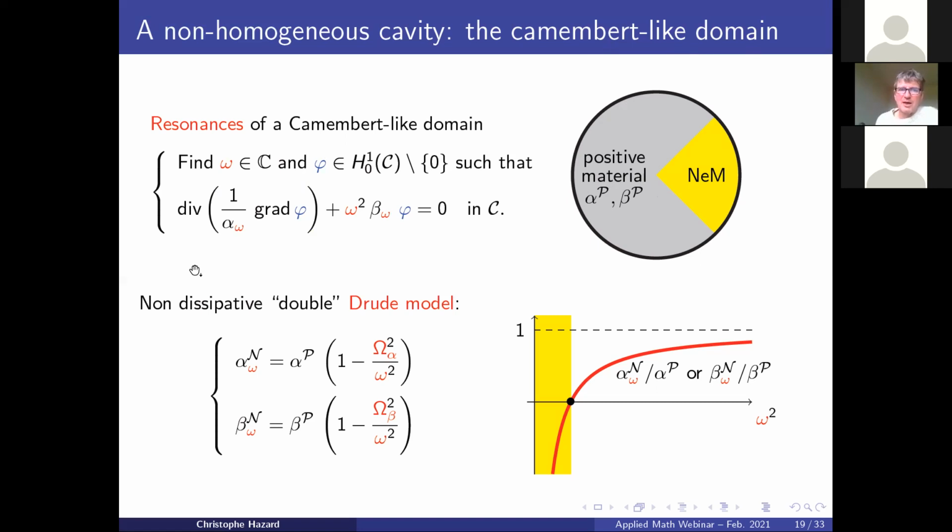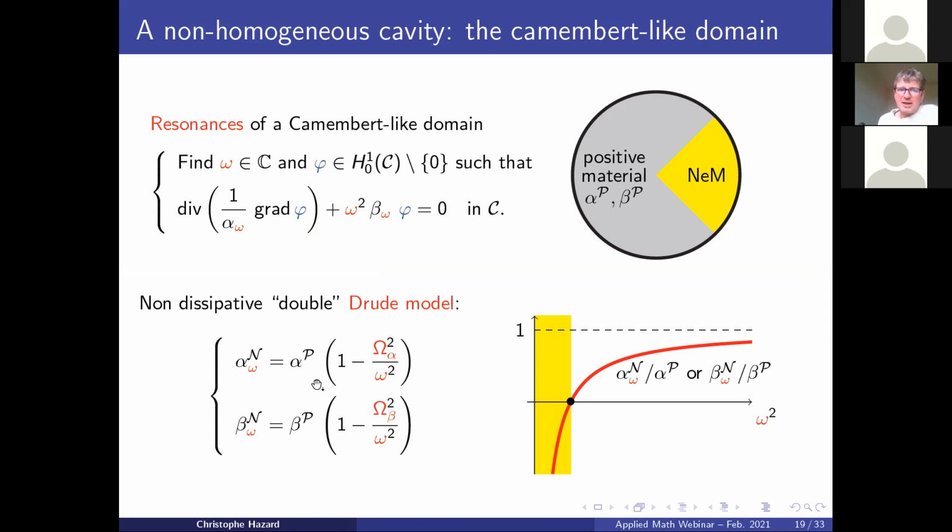So I recall my problem here. I want to find complex values of omega and a non-vanishing function phi, which is supposed to be in the space H10 of the cavity, and which satisfies my Helmholtz-type equation here. My boundary condition is contained in the definition of H10, of course.